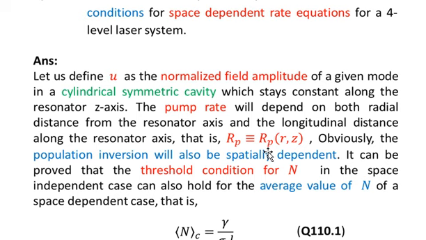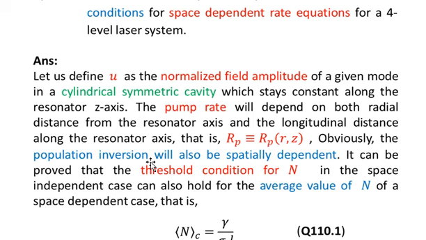Pump rate is a function of two coordinates r and z. r is the distance of a point within the cylinder from the axis of the cylinder, and z is the distance along the axis of the cylinder from one edge of the cylinder, where you can take z equal to 0, and at any point within the cylinder the distance along the axis will be z.